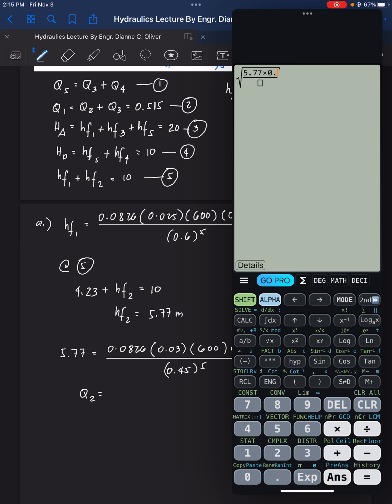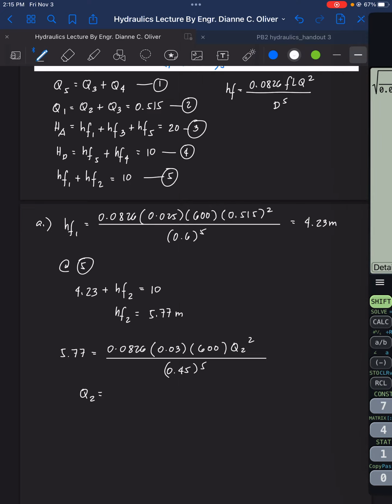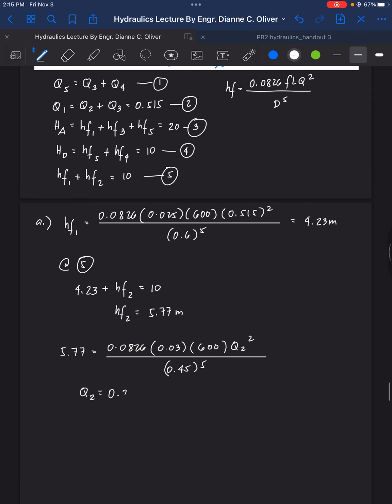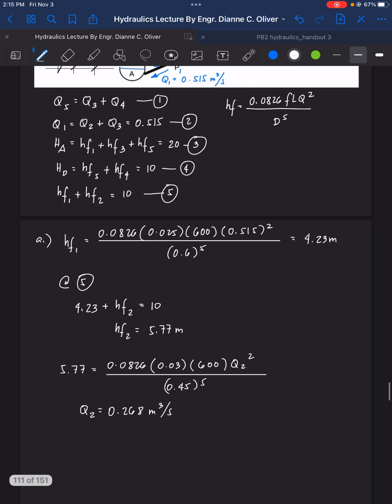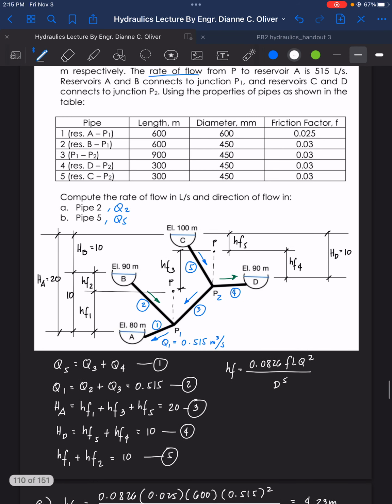5.77 times 0.45 raised to 5 all over 0.0826 times 0.03 times 600. So 0.268 cubic meter per second. And the problem says to find the rate of flow in liter per second.